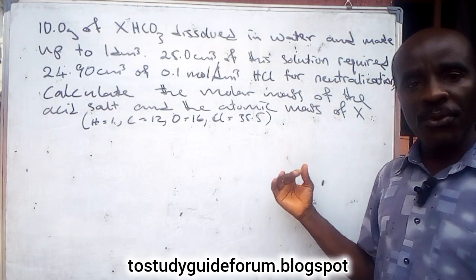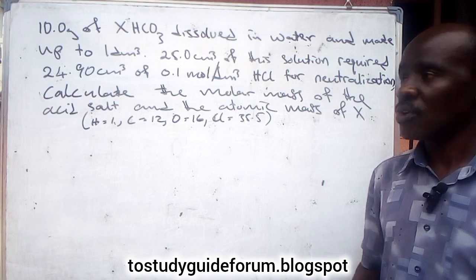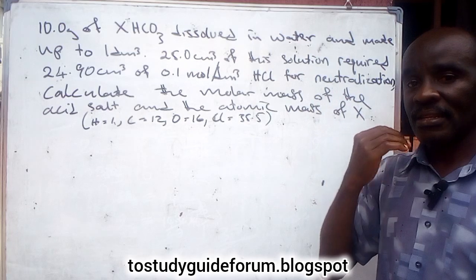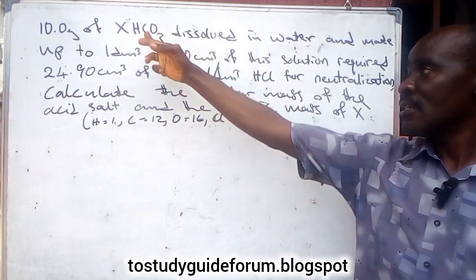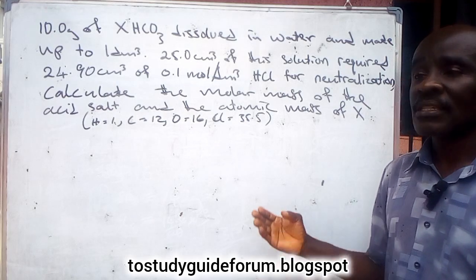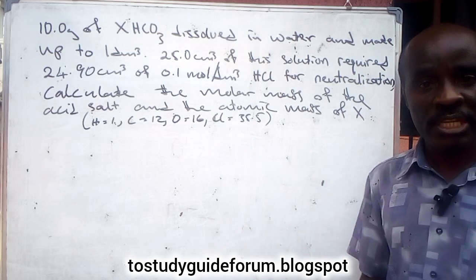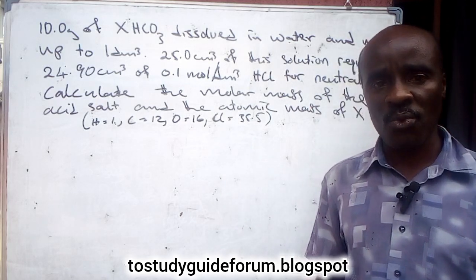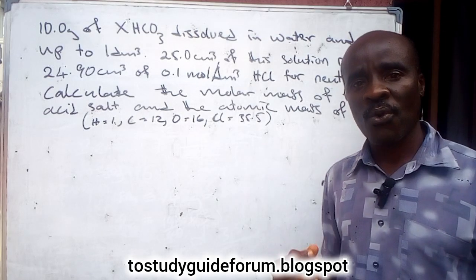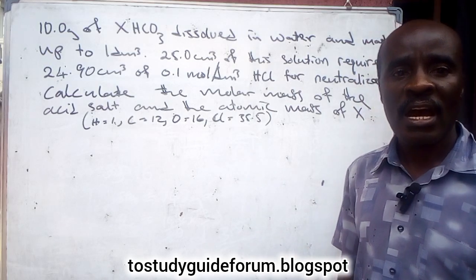The possible method to get this done is volumetric analysis, because we know that there's a neutralization here, and we know that the acid is there and the hydrogen carbonate is also there. So we can compare the relationship using volumetric analysis. Before we do this, let us look at the balanced chemical equation of what really transpired between the acid and the acid salt.